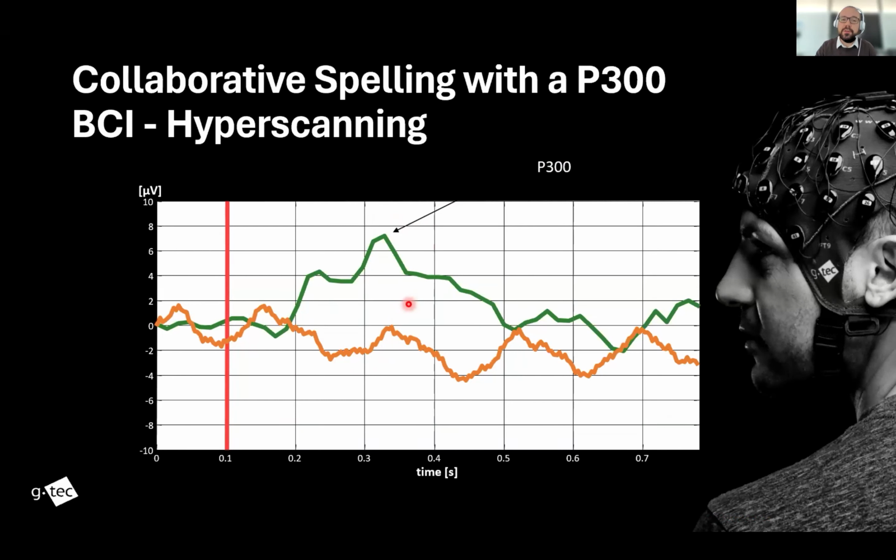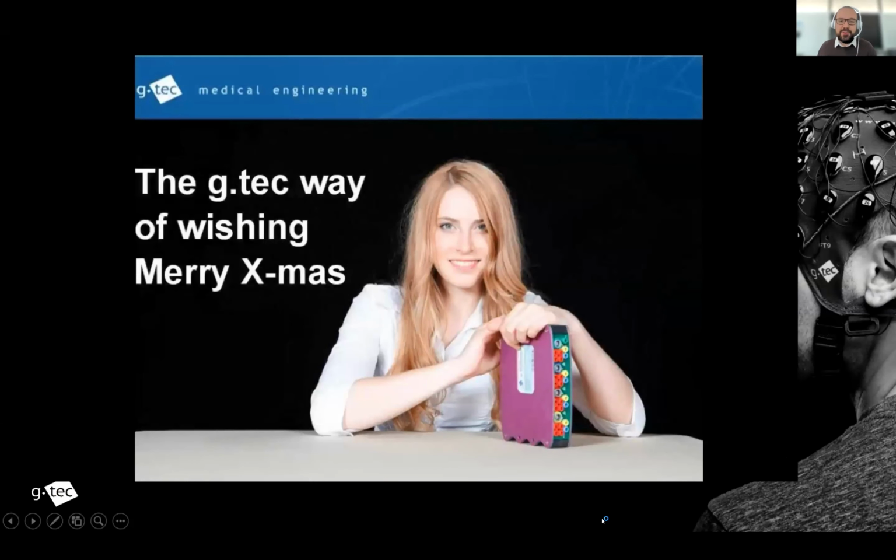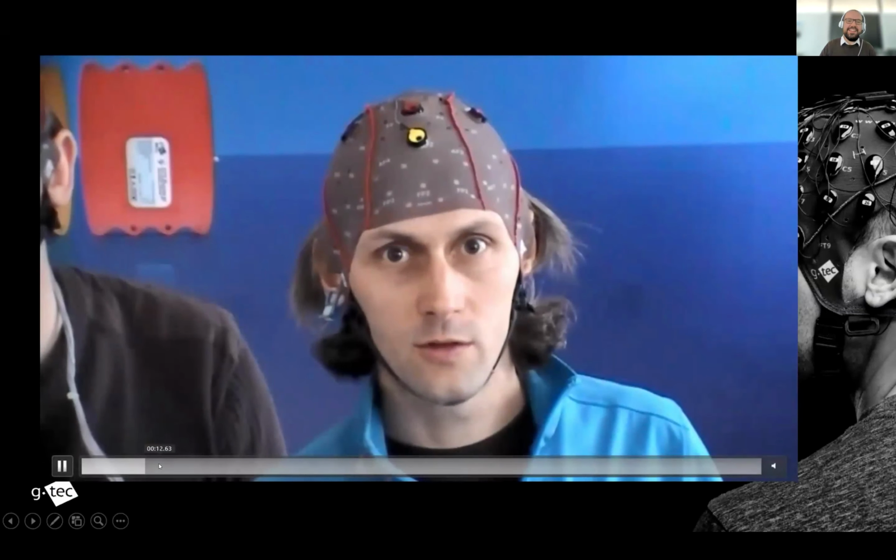So here is the video. I have to remove the laser pointer. As you can see, you will see younger versions of many people of the company. For example, Christoph, looking very nicely and explaining what the system is and what they are going to do. So you can see 8 people looking with a projector to the wall with one goal, which was spelling Merry Christmas.